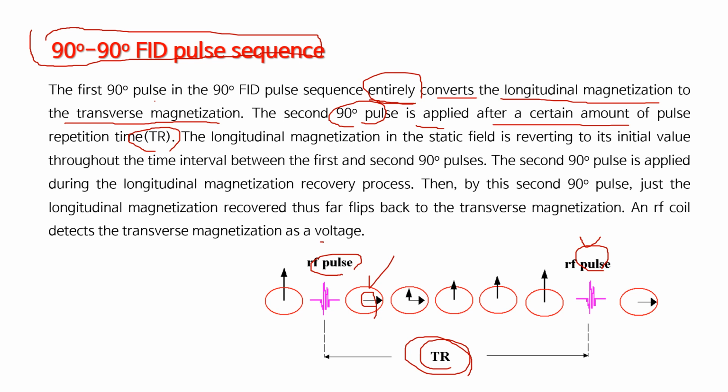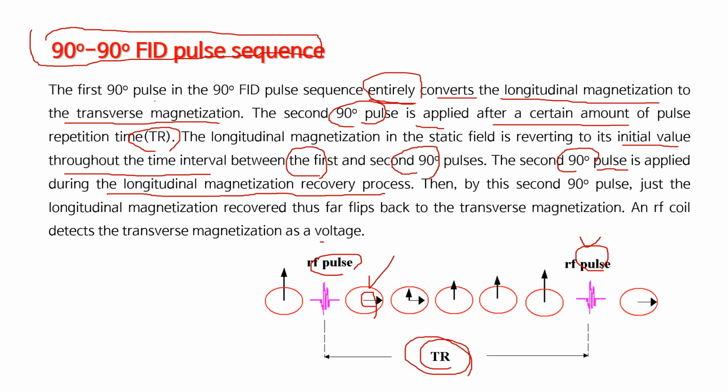The longitudinal magnetisation in the static field is reverting to its initial value throughout the time interval between the first and the second 90-degree pulses. The second 90-degree pulse is applied during the longitudinal magnetisation recovery process. So longitudinal magnetisation is recovering in the time of TR.